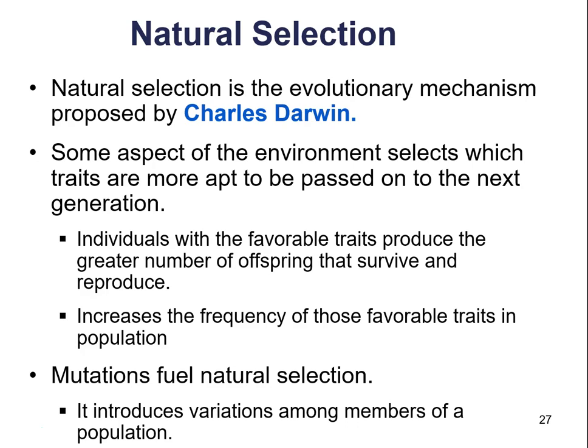And then that genetic change is carried on from generation to generation. In terms of mutations in general, they introduce variation in the population. And variation within a population is good. That provides the means of natural selection.